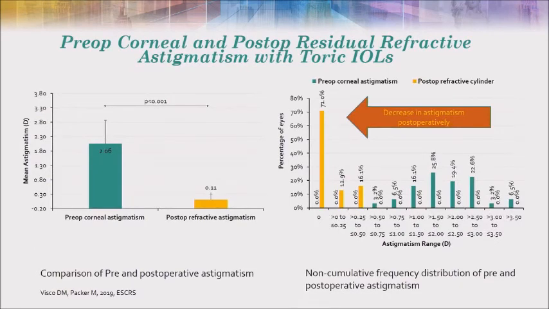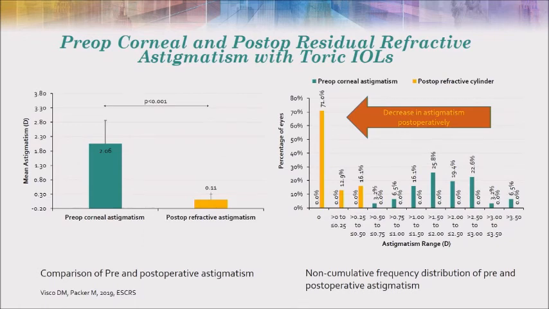And these are the results, which I think are really awesome. The preoperative mean corneal astigmatism was about 2 diopters, post-op refractive astigmatism 0.11 diopter. But the chart to the right is really where the money is. You have all patients with a half a diopter or more of astigmatism, and then 100% of patients have a half a diopter or less.